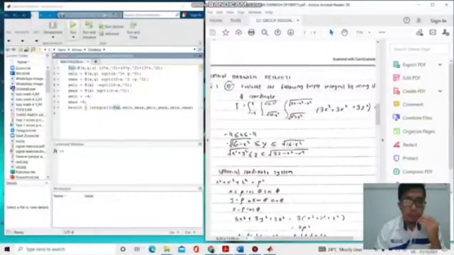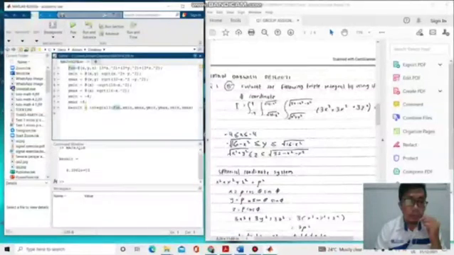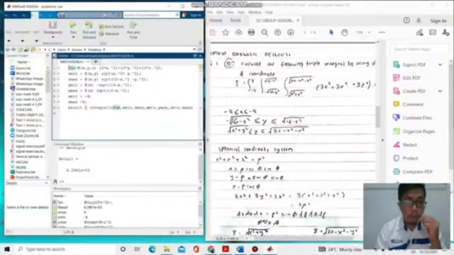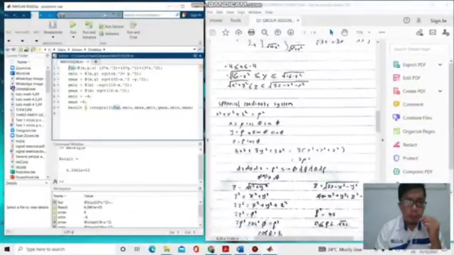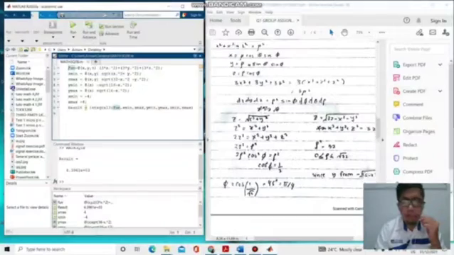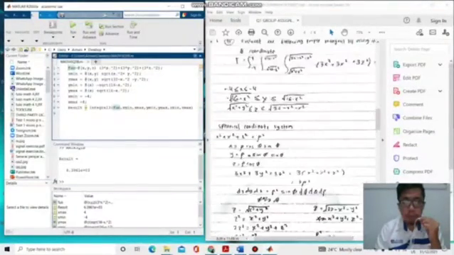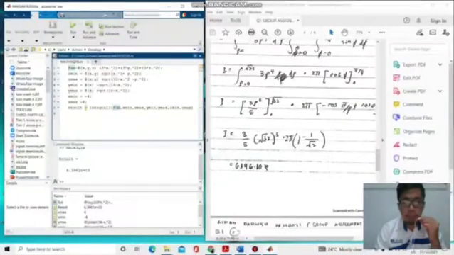Okay, next we run, and for question 1B, we got the result 6.361 times 10 to the power of 3, and then we got the same result, 6.931 times 10 to the power of 3.